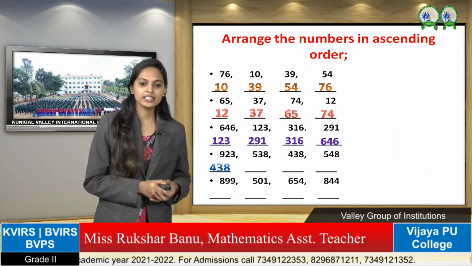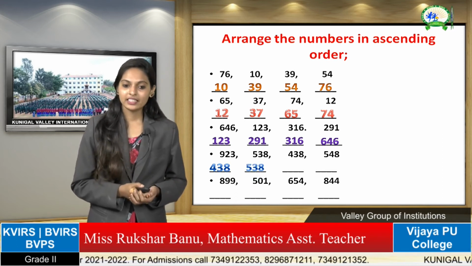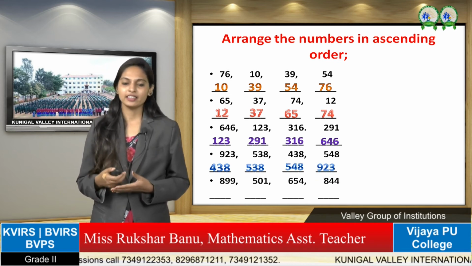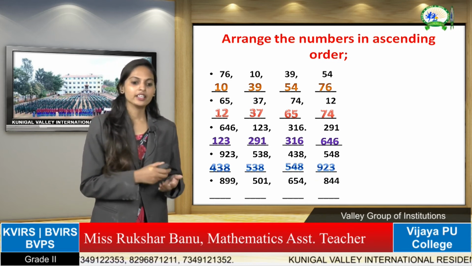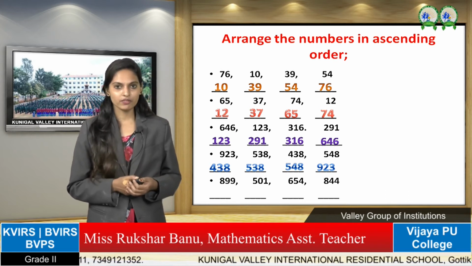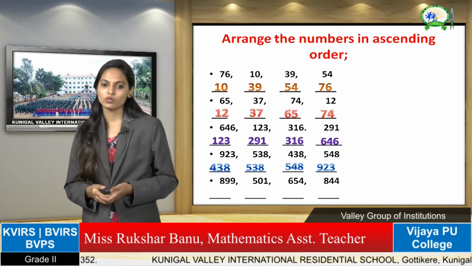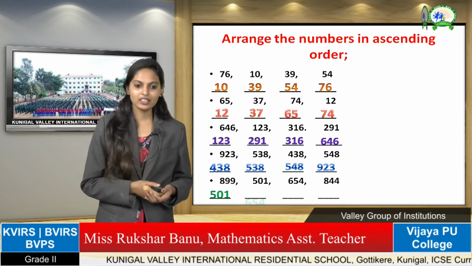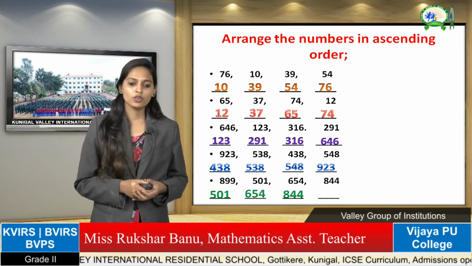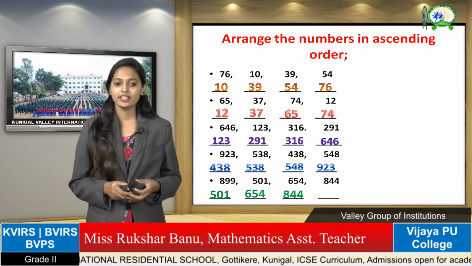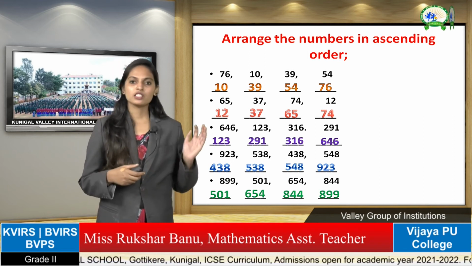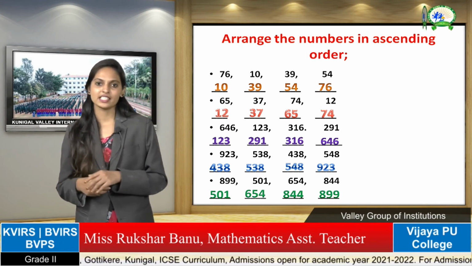Yes, 438, 538, 548, next 923. Okay, like this we have to write. Next one is 899, 501, 654 and 844. Which one is the small number? 501, 654, next 844 and 899. Okay children, so like this we have to write. First small number, then big number for ascending order.